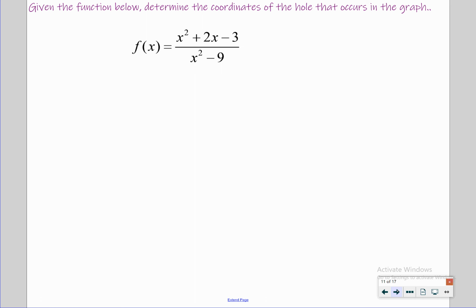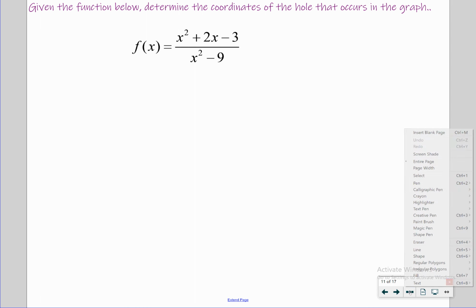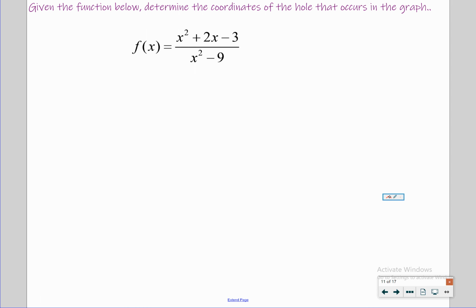Okay, this problem says we are going to determine the coordinates of the hole in the graph. What do we do to find a hole in the graph? First step. Yes. All right, so we got to factor it and see if anything cancels. Does my numerator factor? What does it factor to? Perfect. What about the denominator?